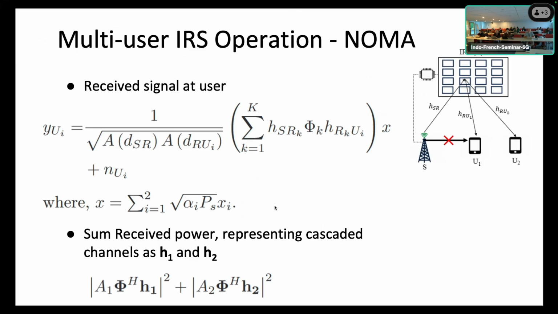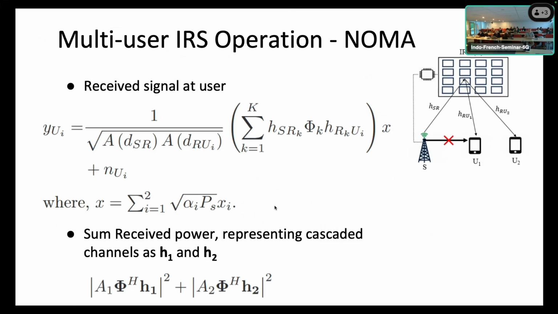That is mainly because when K is very large and we take Rayleigh fading on either link, the sum of the signal comes out to be 0. If we maximize the signal at one user, then for the other user the sum comes out to be almost 0.